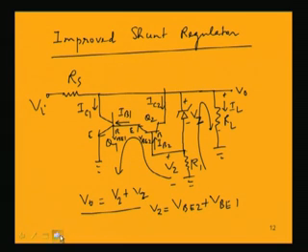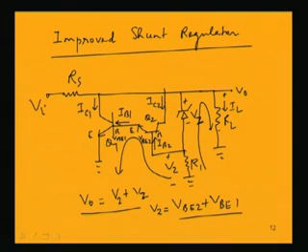As V2 increases, VBE1 and VBE2 both increase, and these are almost similar type of transistors, so the base to emitter voltage rating for the two transistors will be similar.